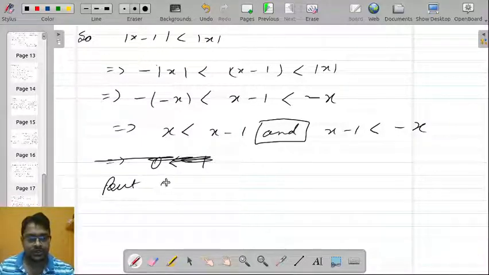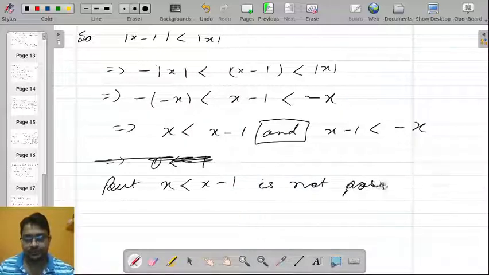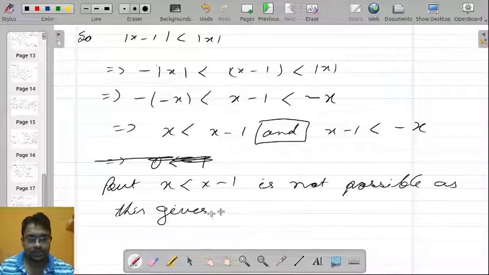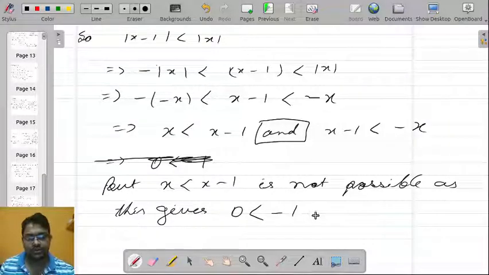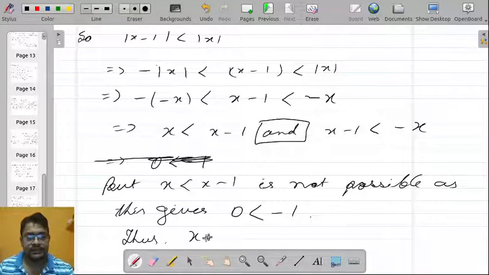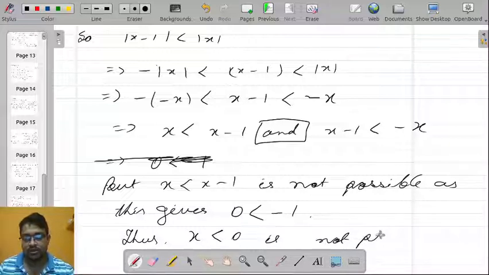But here you see, x less than x minus 1 is not possible, as this gives 0 is less than minus 1. Okay, so that is incorrect. So x cannot be less than 0, thus x less than 0 is not possible.